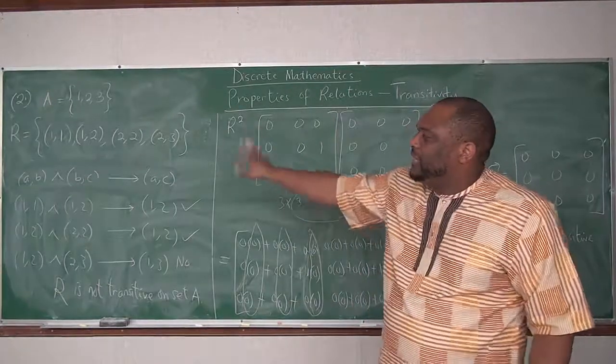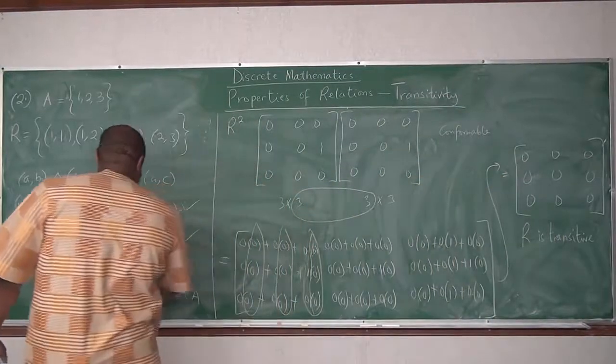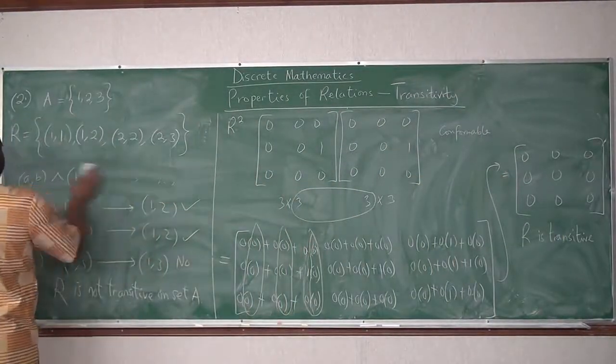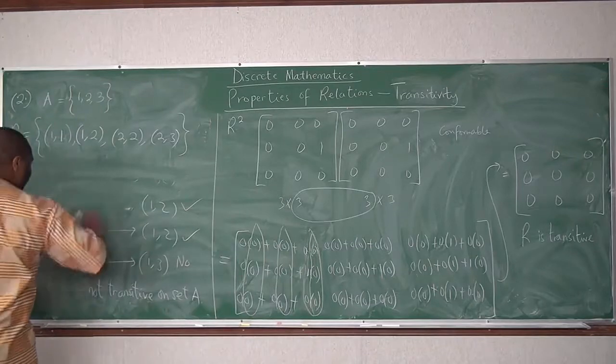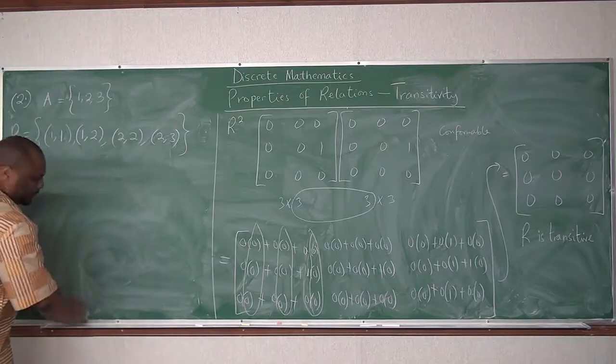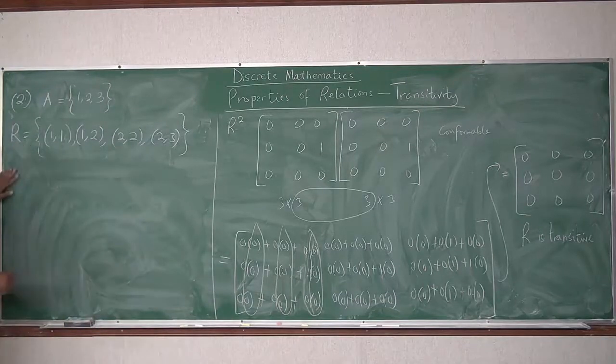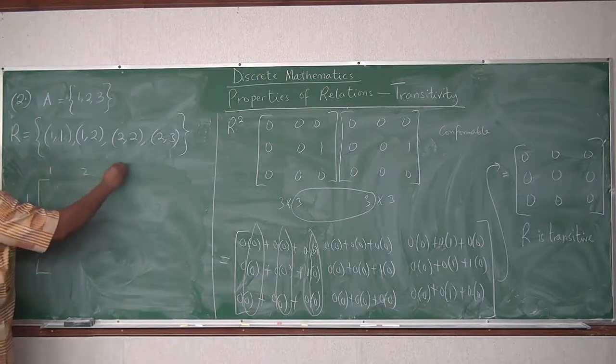Okay, let's first of all represent this in matrix first, so that we can multiply, and then you see what I'm talking about. I like to do mine this way. You have 1, 2, 3 and 1, 2, 3.